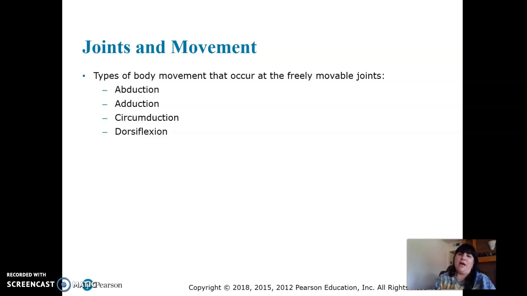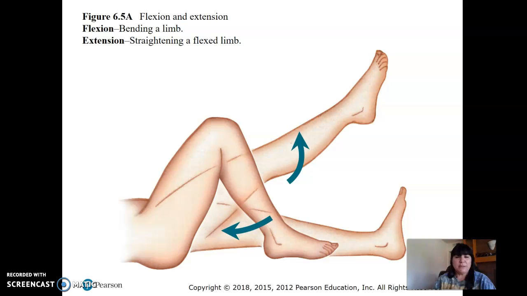It really helps to look at a picture, and they have pictures in the book. Flexion, extension. If we say flex, that's flexion. Extension is the opposite. Inversion, eversion, the types of movements there. Pronation, protraction, retraction. Again, they have pictures of that in your book, which really helps. Rotation, supination.